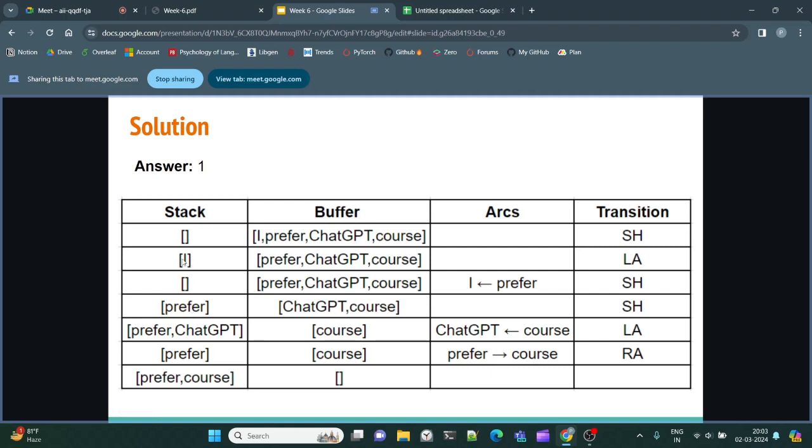There is I. So I was removed over here whenever we do a left arc transition. We had the left arc from prefer to I, right? So I is dropped, the word that was on the top of the stack is dropped whenever there's a left arc transition.